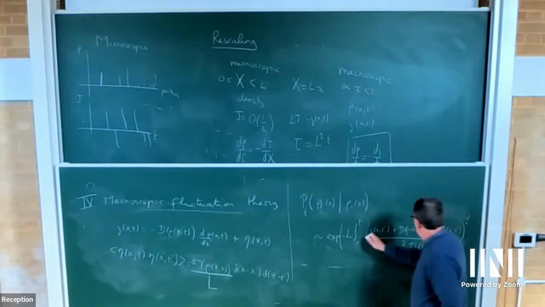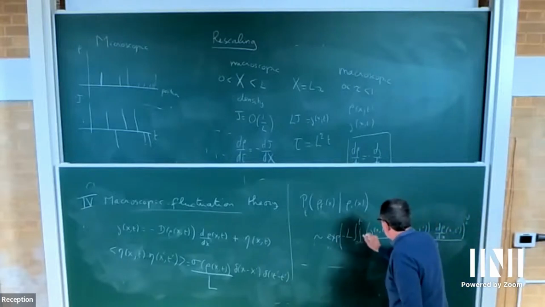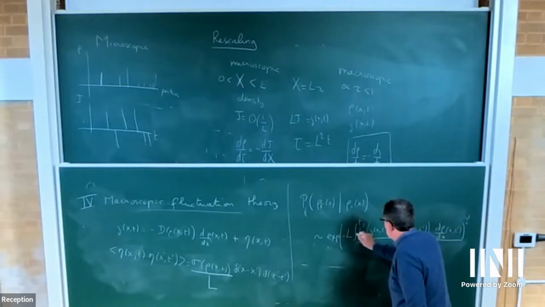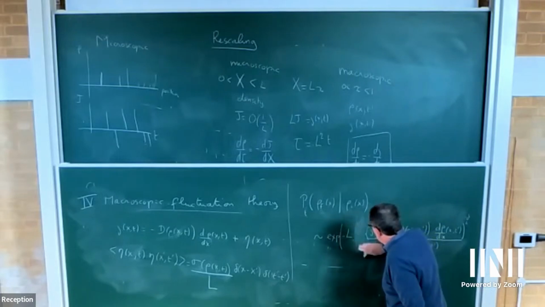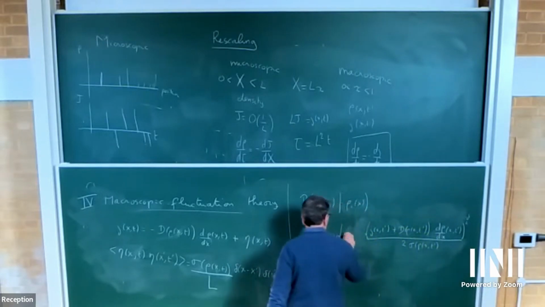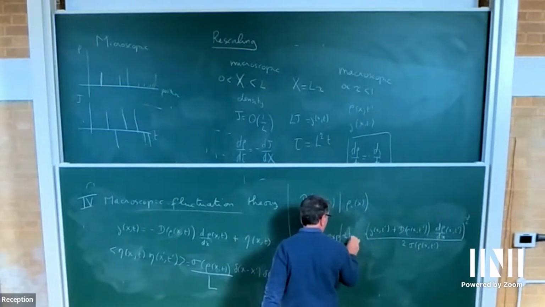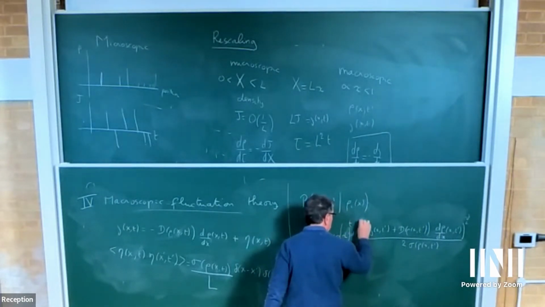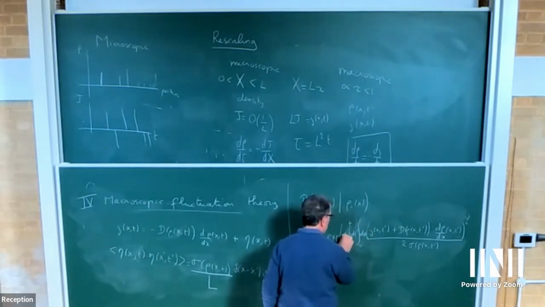Okay, because there is a double integral. Integral from 0 to 1. Okay, so this is what it is.